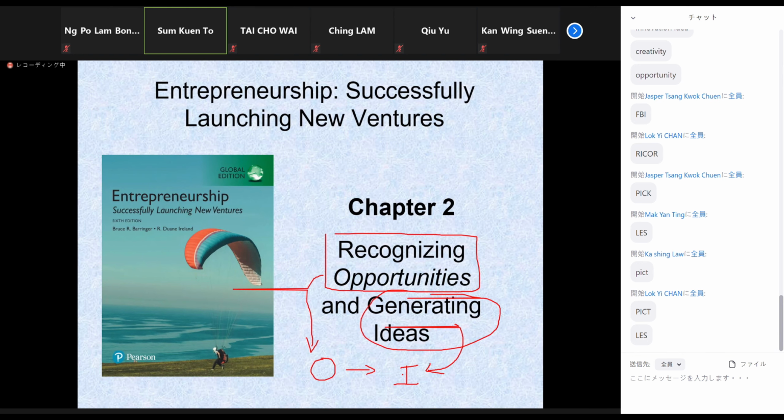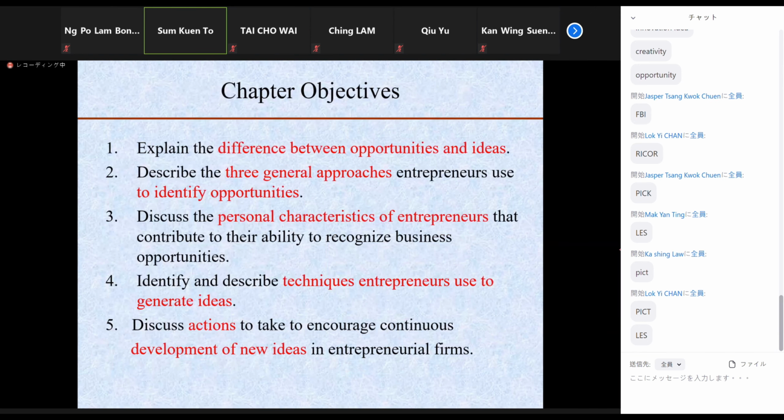Okay, let's move on. And in the lecture notes, there are several parts. Number 1, definition. As usual, okay, definition. Talking about what is the difference between opportunity and idea. And then also, we will cover some general approach.